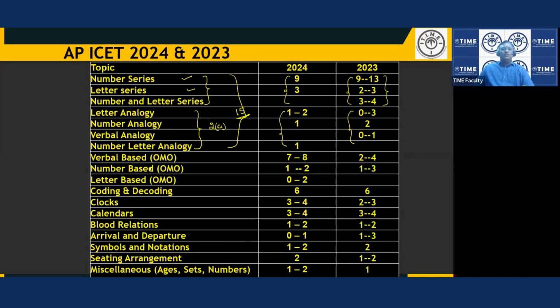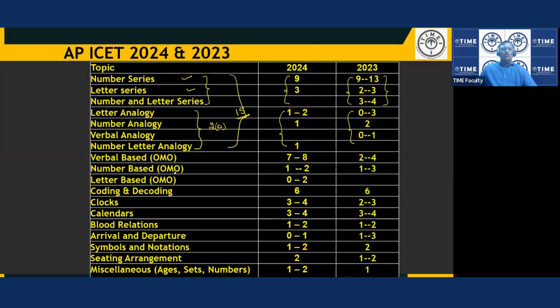The pattern of the questions is slightly different, but the basic information and approach required for solving are common for these two topics. What we use in series is also used for analogy, though the way of approach is slightly different. So we can easily cover 15 questions from these topics.